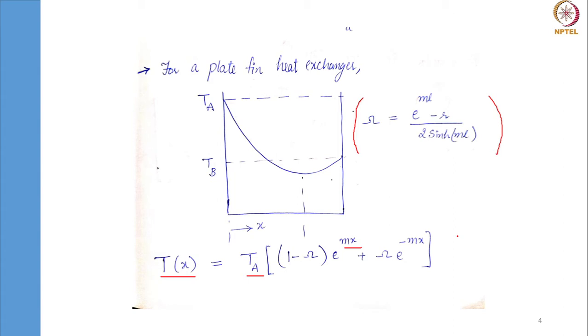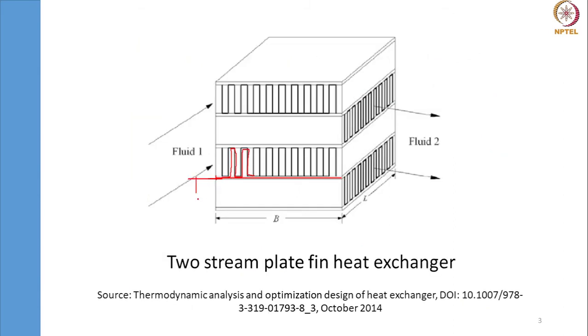Assume that one plate is at temperature Ta and the other at Tb. If I am interested to find out the temperature distribution along these plates between the two interfaces, Ta and Tb, this is how my temperature distribution is going to look like.